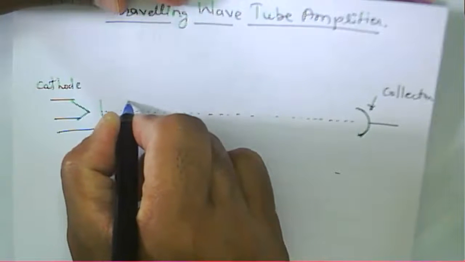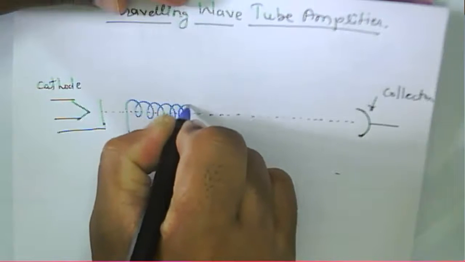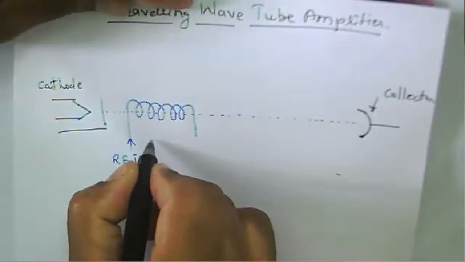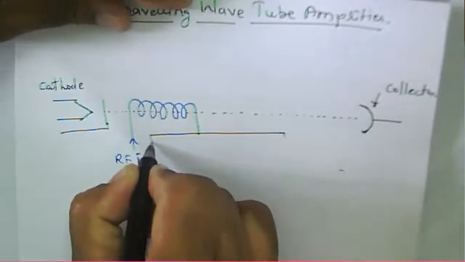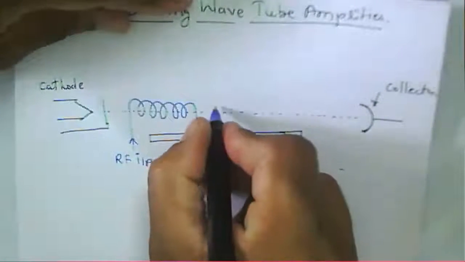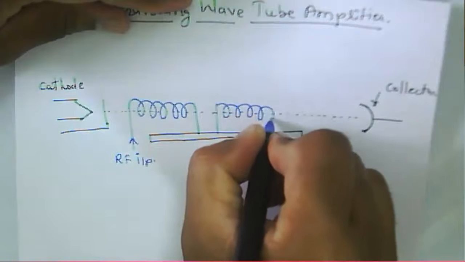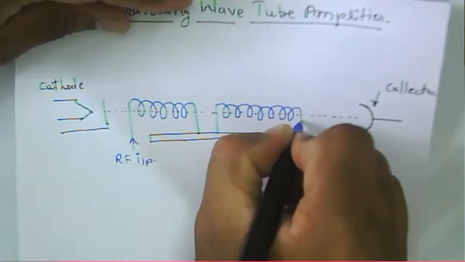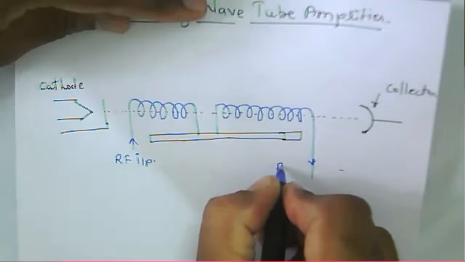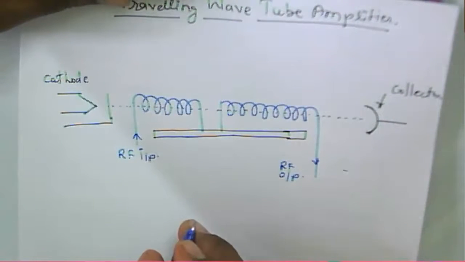So we have a helix here, and the electrons propagate through this helix. And this is your RF output, the amplified one.